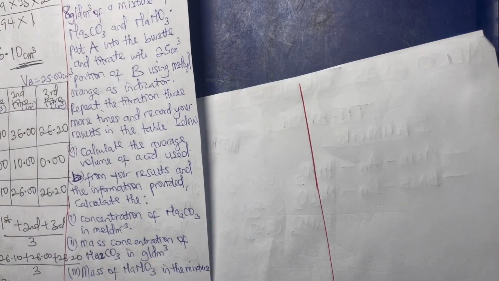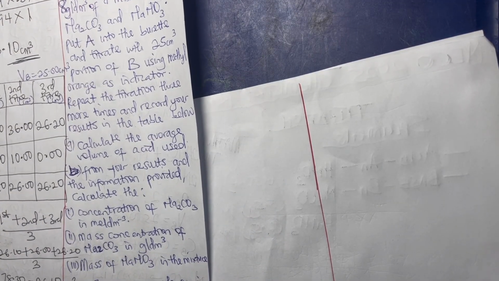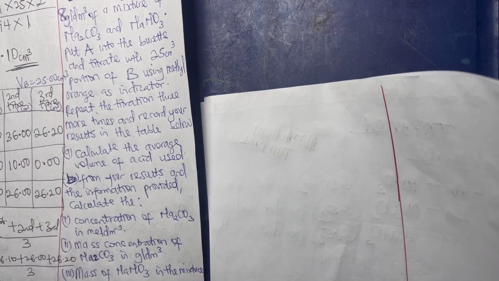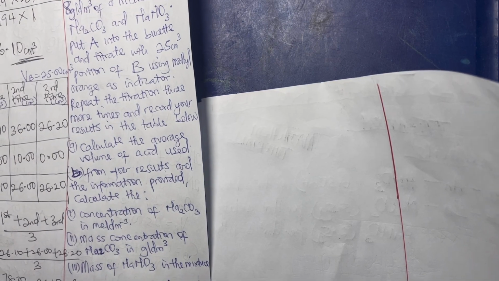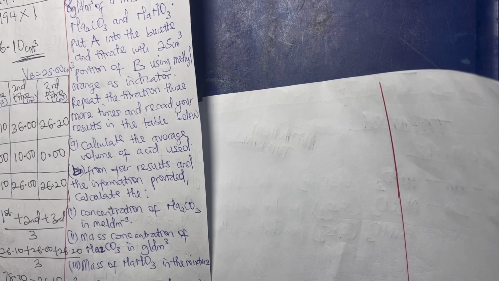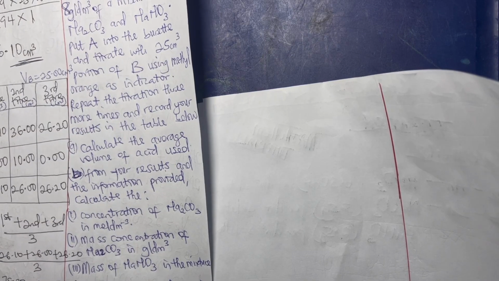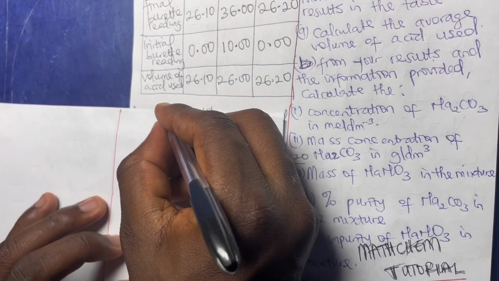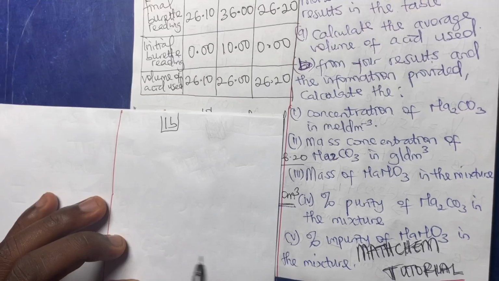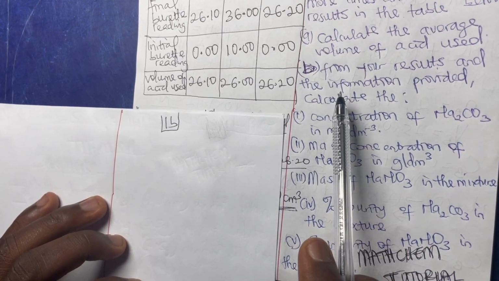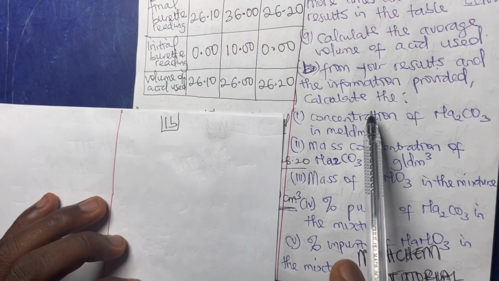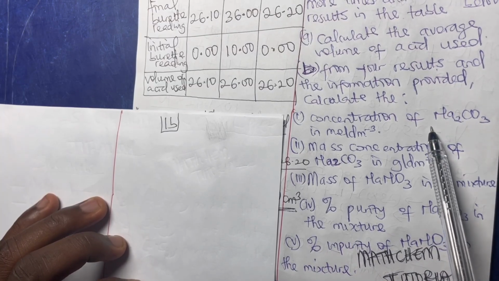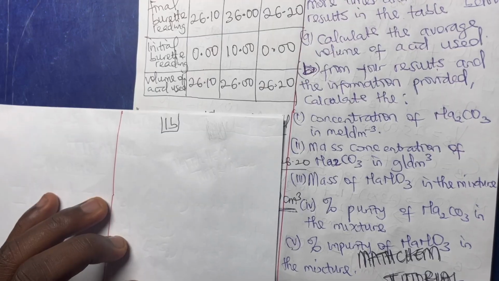So the B part now says that from the result and the information provided, we are asked to calculate the concentration of Na2CO3 in mole per dm cube. So now let's work that. Let me write the 1B here. From your results and information provided, calculate the concentration of Na2CO3 in mole per dm cube.